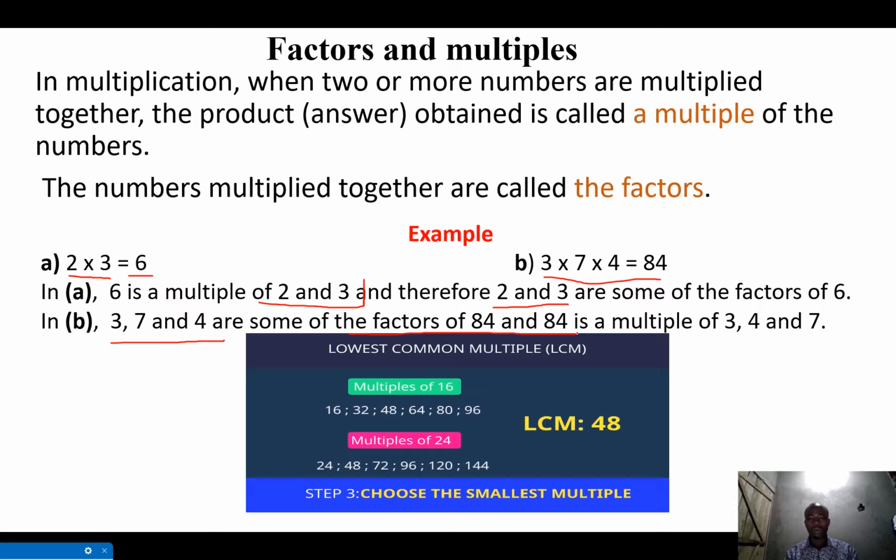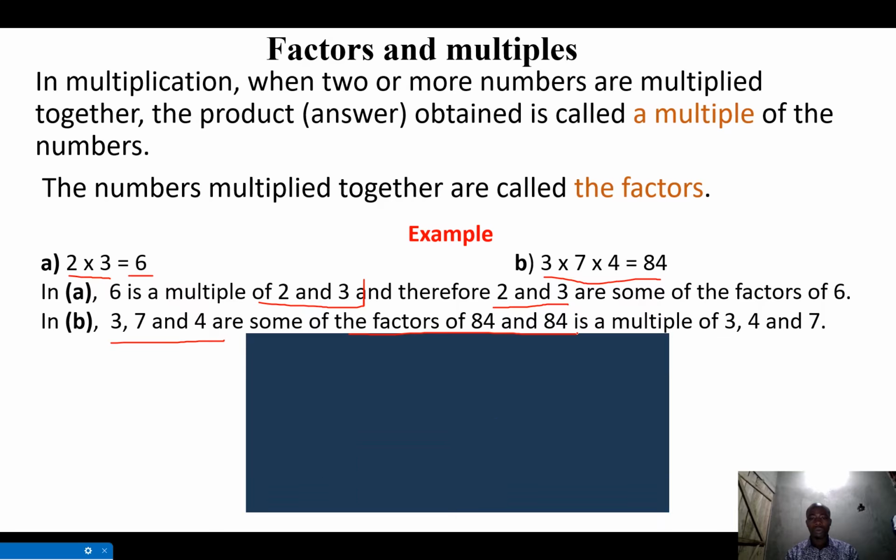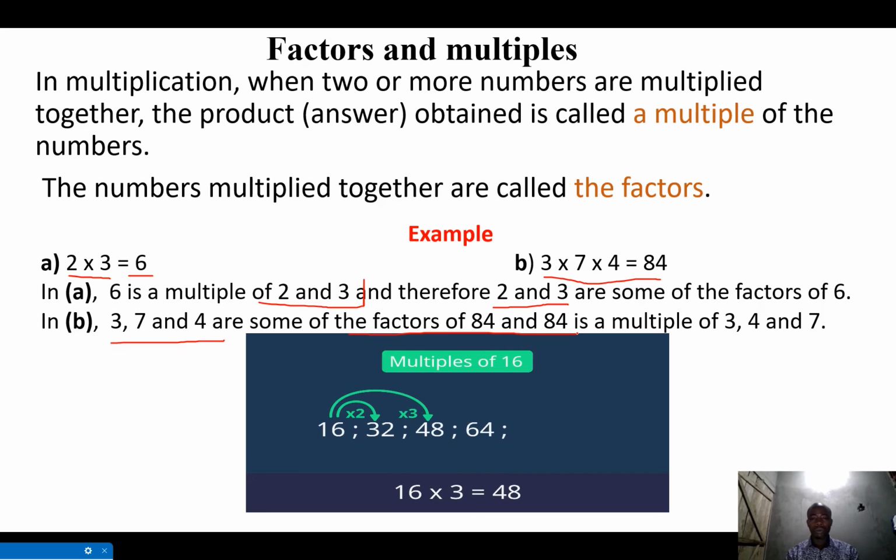Choose the smallest multiple. To find the multiples of 16, we start with 16 as the first multiple. Then, we times it by 2 to get the second one. To get the third multiple, we times 16 by 3. We continue this to get a sequence of multiples, basically doing the 16 times table. 16's multiples are 16, 32, 48, 64, etc. Now we can do the same for 24.